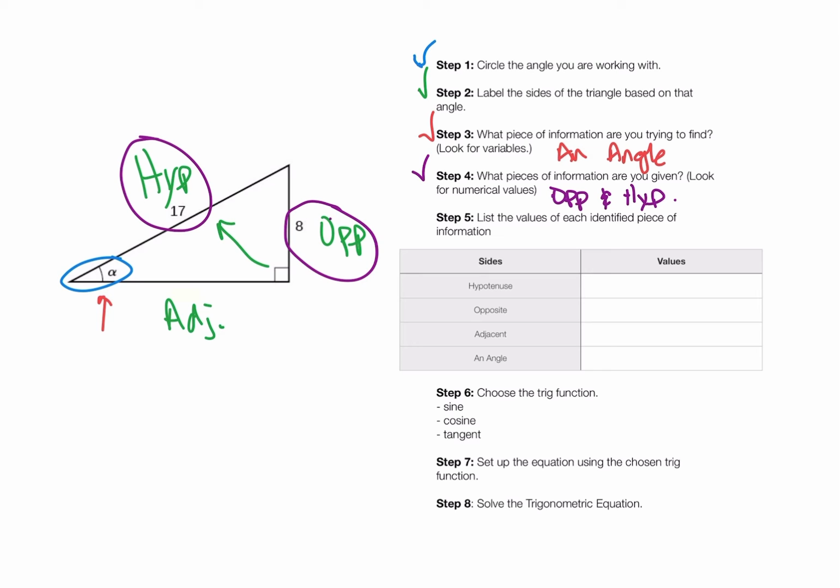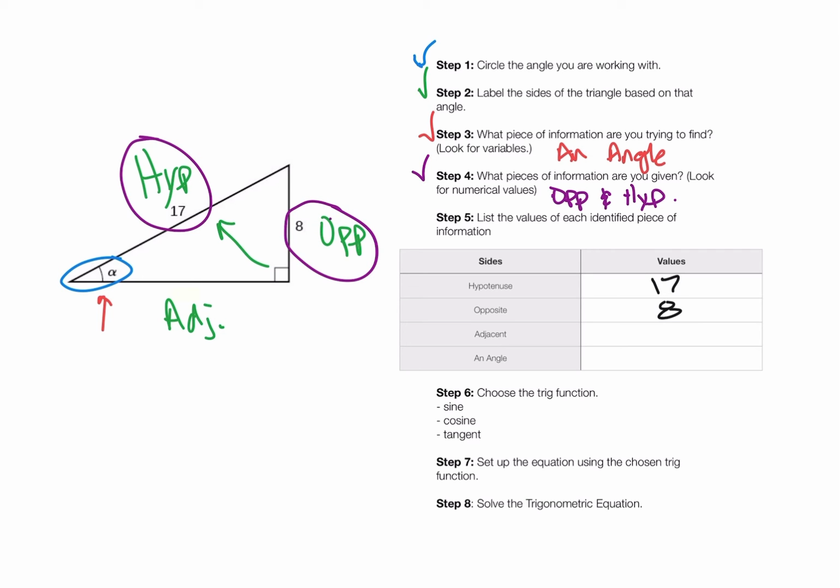Step 5, let's take those values and variables, anything that we know, and put it into our box here, right? You see we have a table and it says sides and values, and those values can also include variables. So let's look first at the hypotenuse. The hypotenuse has the value of 17. The opposite side has a value of 8. Check out the adjacent side. When I look here at the adjacent side, it is completely blank. We don't know anything about it, so we're going to leave that box empty.